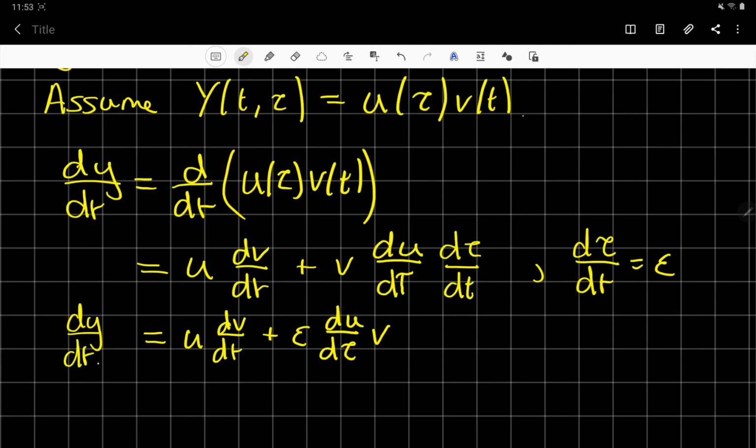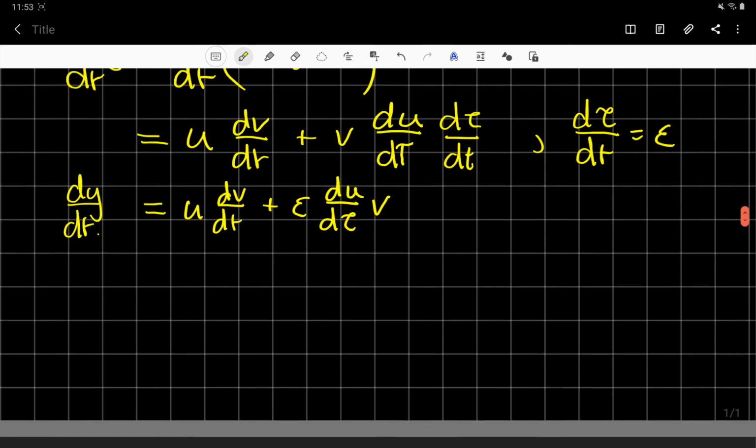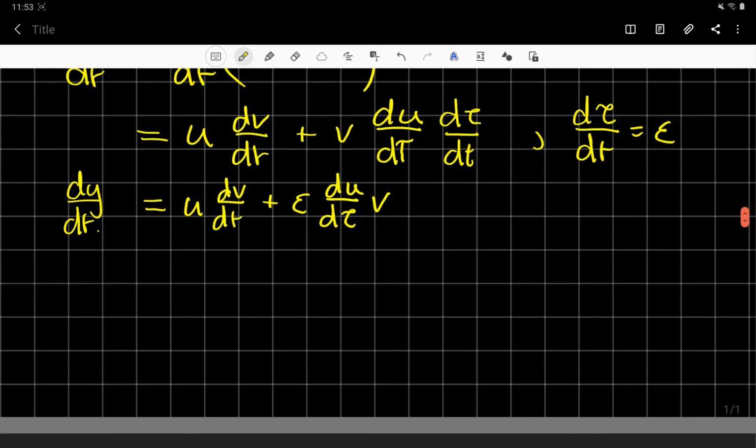Okay, I also need a second derivative. So I'm just going to differentiate this thing again. Two terms, and I'm going to apply the product rule to each term. So d2y/dt squared. First off, first term. So that's going to be u d2v/dt squared.